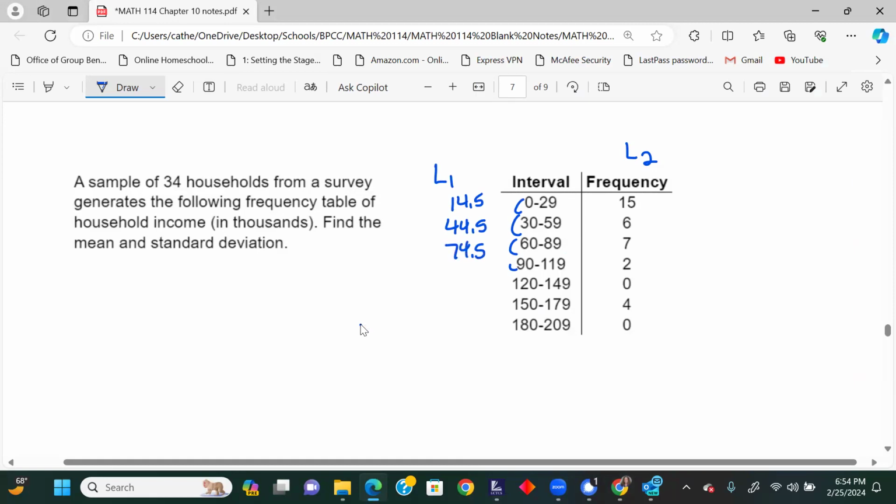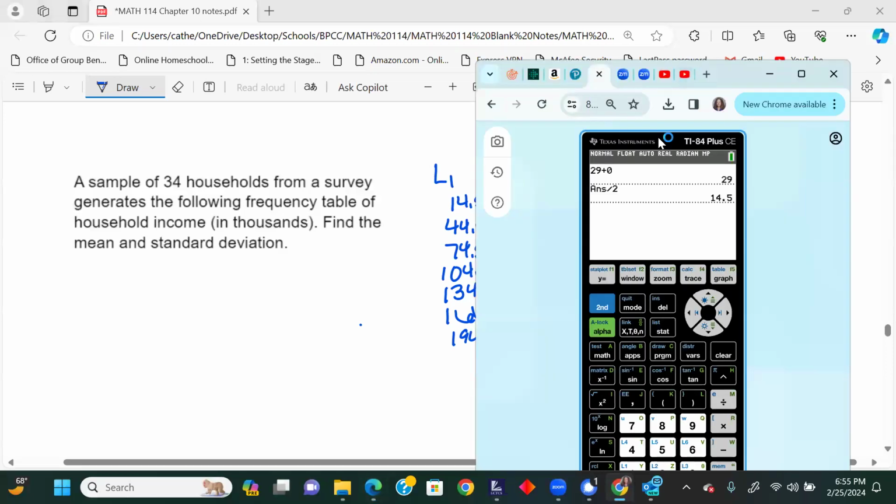74.5. 104.5. 134.5. 164.5. I'm putting this in the calculator, just adding 30 to each one. 194.5. So we have the midpoints of each of the intervals, and that's going to go into L1. Let's get that back up over here.